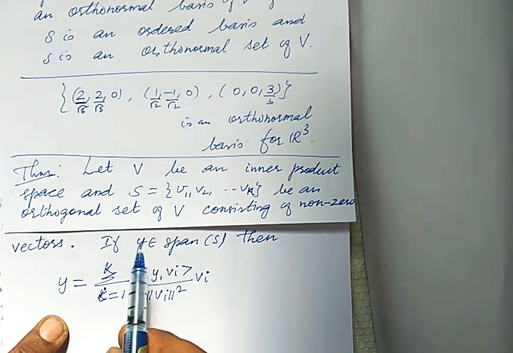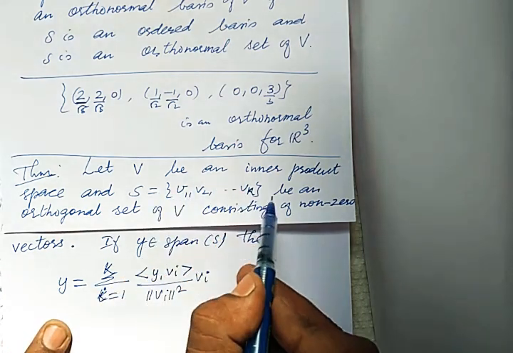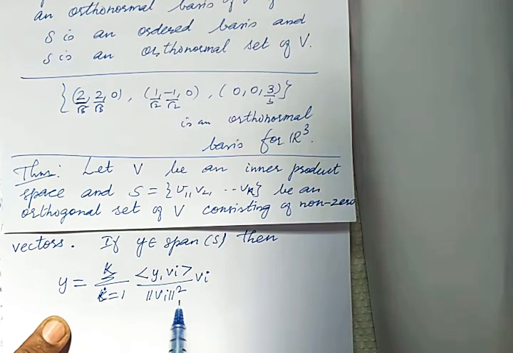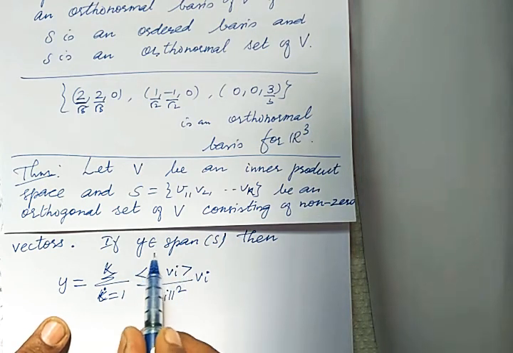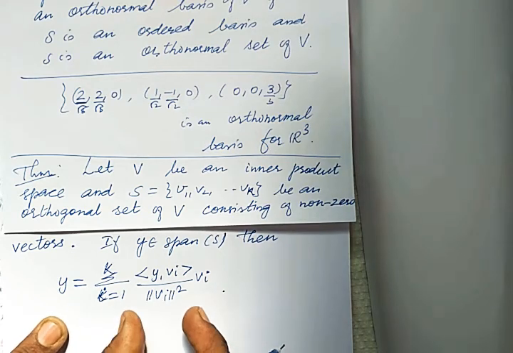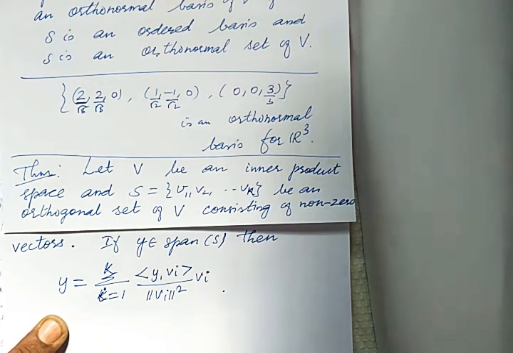See, if y is a linear combination of these vectors, then the coefficients are nothing but these. So we could find the coefficients directly by a formula like this one.